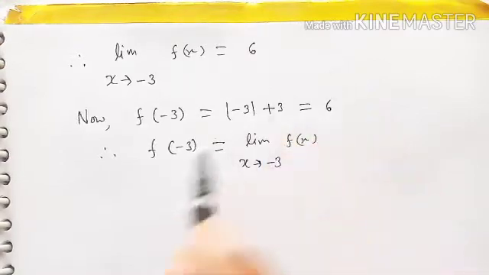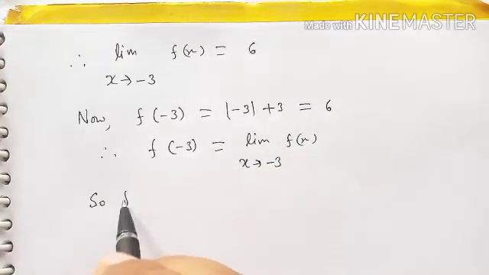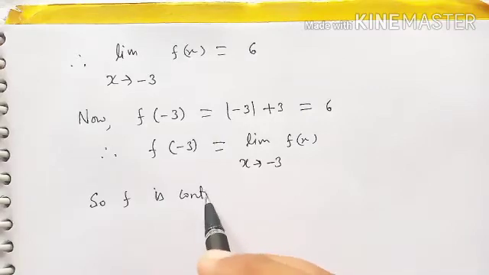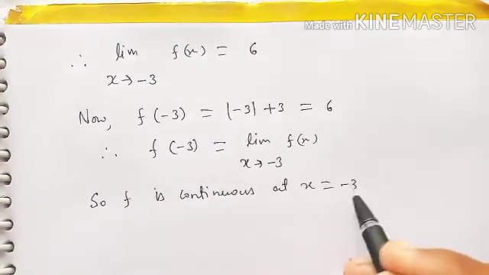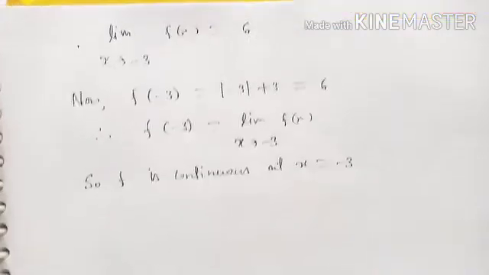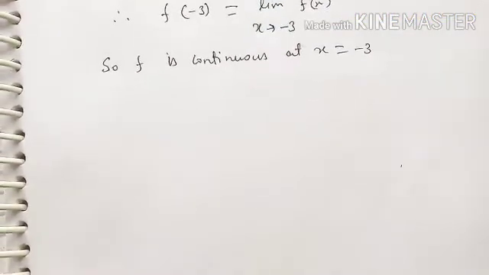So f is continuous at x equal to minus 3. Let us check it on other points.